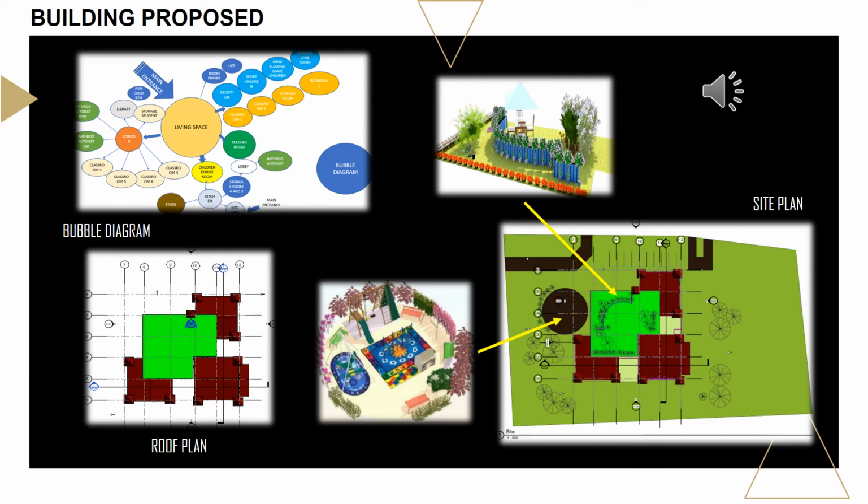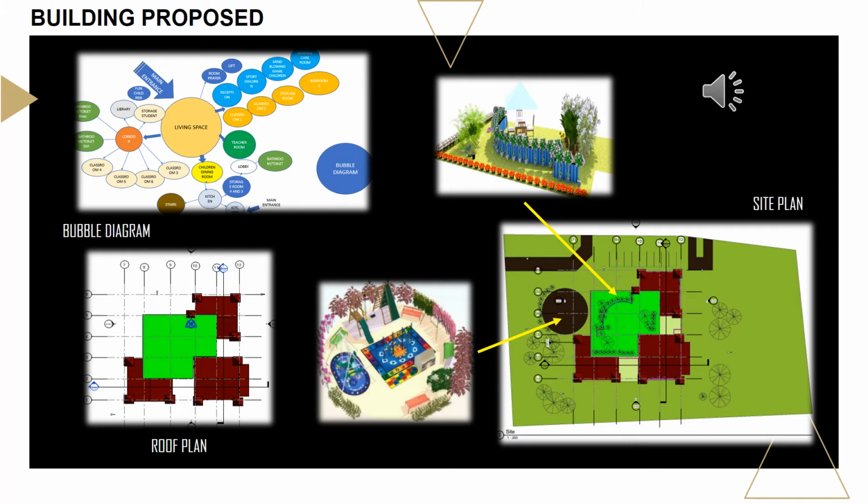Fourthly, going to the dining child room and also the kitchen. And lastly, going to the 4 classrooms, library, storage student, and 2 toilets for girls and boys. And going to the fun child.